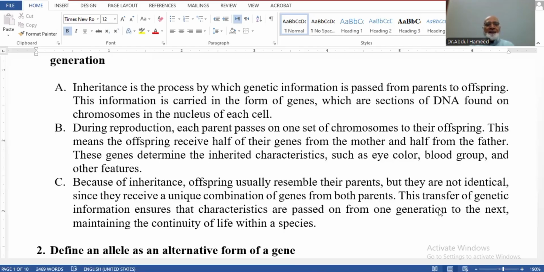So these are the slight variations. Both are due to genetic material. Since they receive a unique combination of genes from their parents, that's why there is variation. This transfer of genetic information ensures the characteristics are passed on from one generation to the next, maintaining the continuity of life within the species.